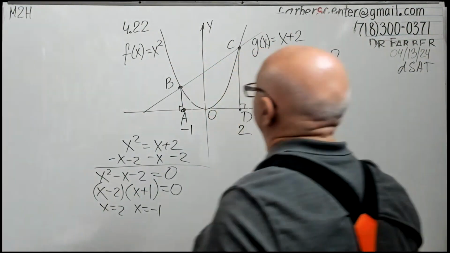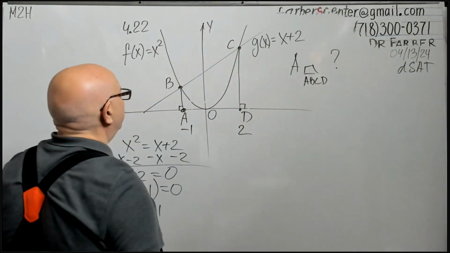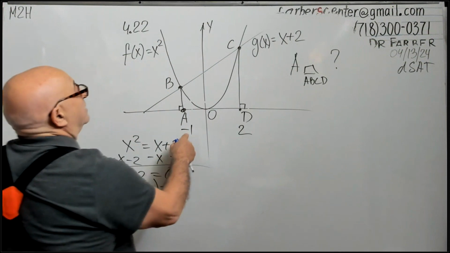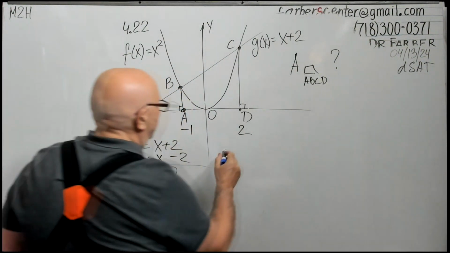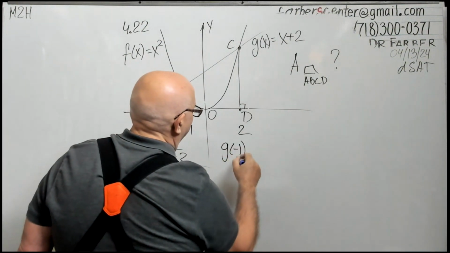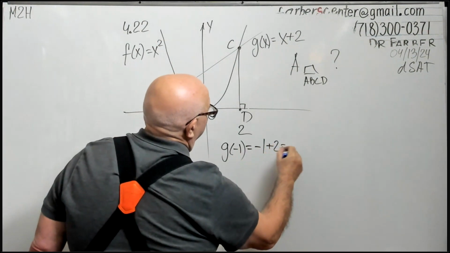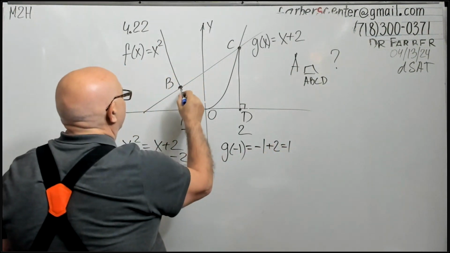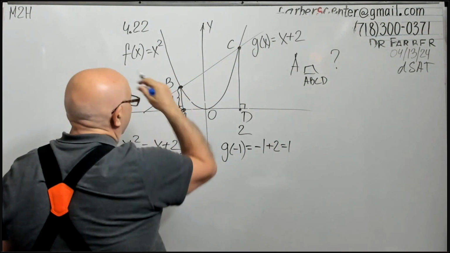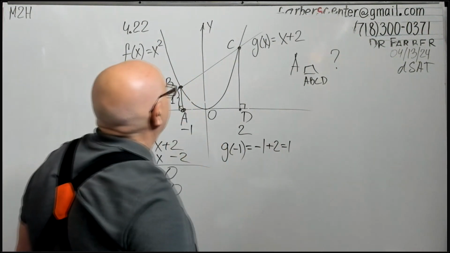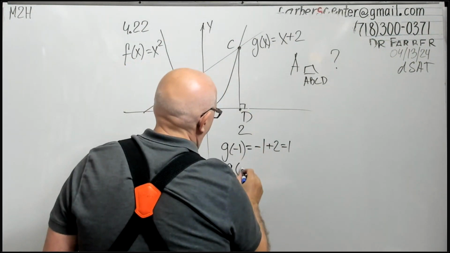You can plug in for any, but it's more convenient to operate with this one. For instance, if this is -1, G of -1 equals -1 plus 2, which is 1. So this value is 1. And G of 2, why am I doing this?